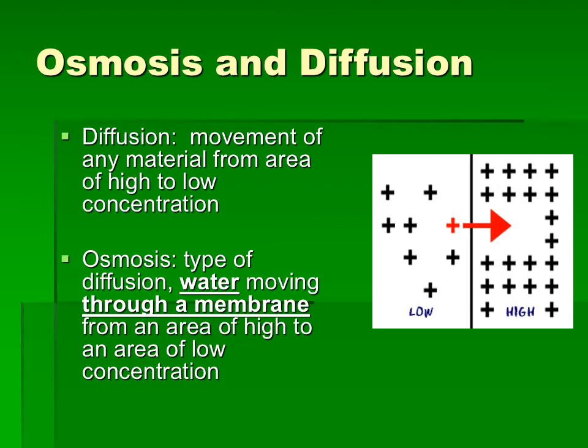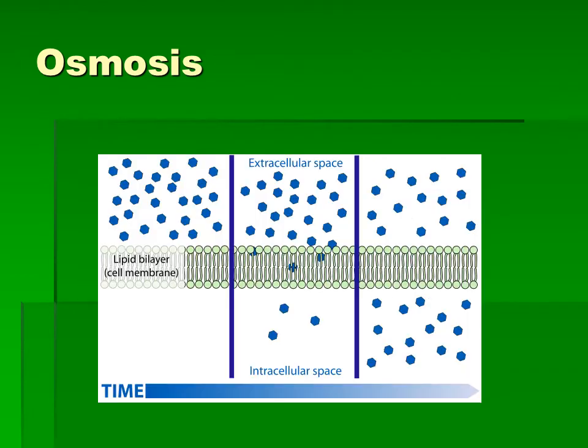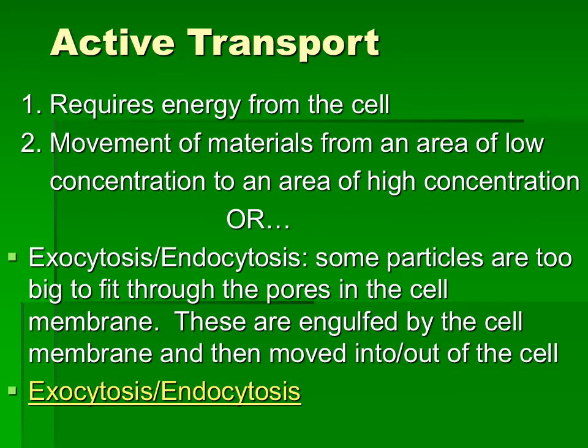So after we finish our lab, we're going to talk about where the areas of high and low concentration were with each type of liquid we used. This is just a little diagram to show you the top rows starting on the left-hand side. As you move over to the right, they become less concentrated. So we're moving from higher to lower concentration over time.